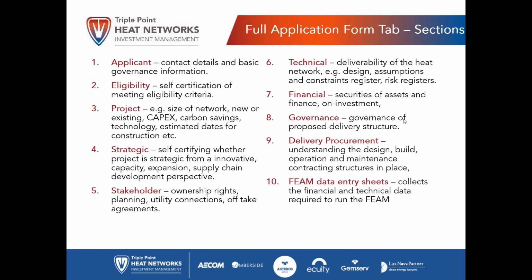We look to understand whether your project is strategic. Within the application guidance, we outline what we mean by strategic, so it's worth having a look at that. We want to understand the conversations that you're having with different stakeholders, the different off-takers that you might be speaking to.